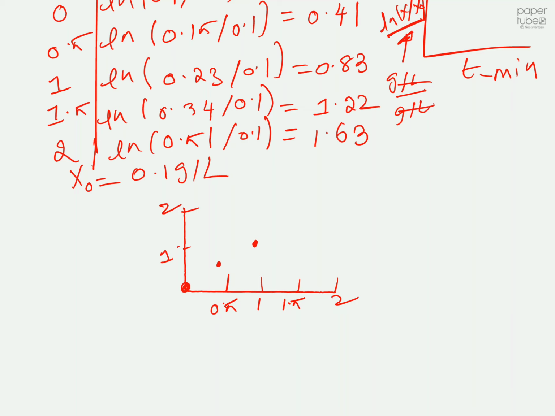So 0.5 is 0.41, and then 1 is equal to 0.83, so that's somewhere around here. And then 1.5 is equal to 1.22, somewhere around here. And then at time t equal to 2, ln of x by x0 is equal to 1.63, that's somewhere around here.